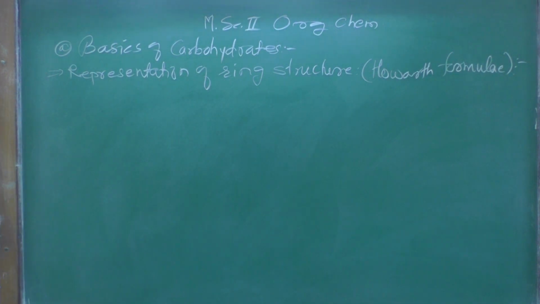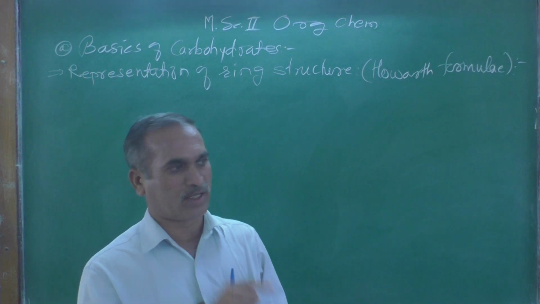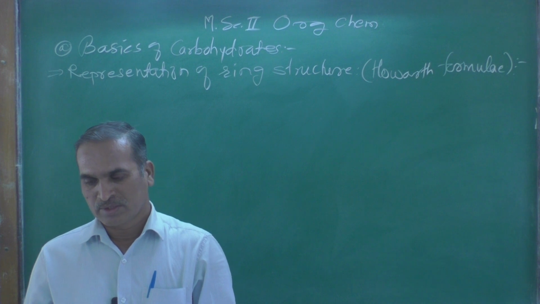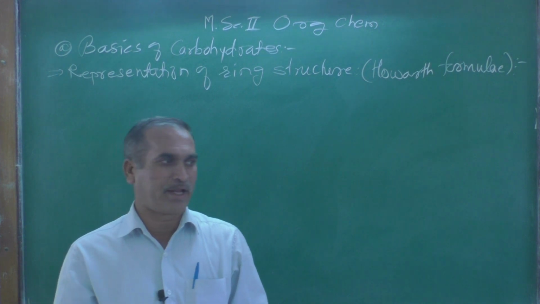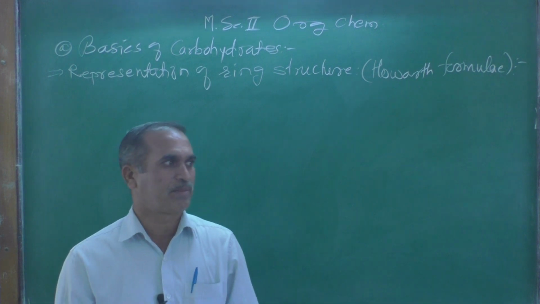Look here, representation of ring structure, means Haworth formulae. Whatever we have learned so far in carbohydrate chemistry was by considering the Fischer projection formula.